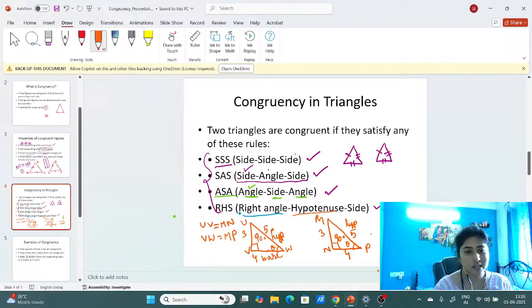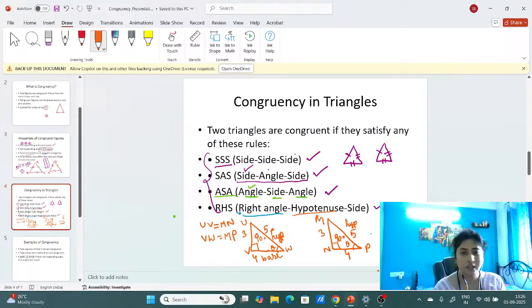So if two triangles satisfy this criteria, RHS means right angle, hypotenuse and side, meaning if they have a right angle, and the hypotenuse of the same length, and one more side of the same length, then we will say that these two triangles are congruent by RHS.